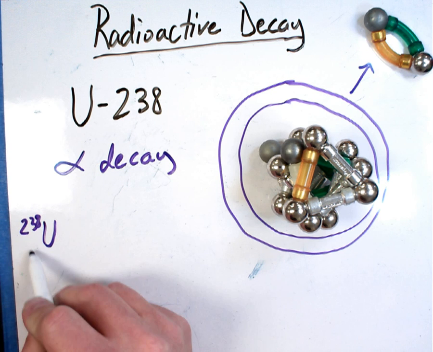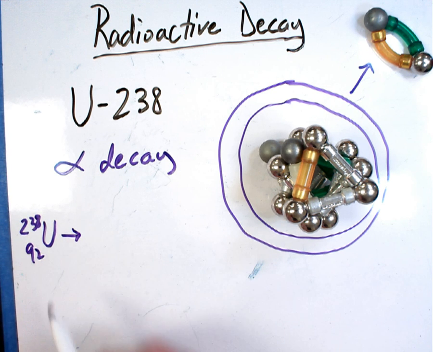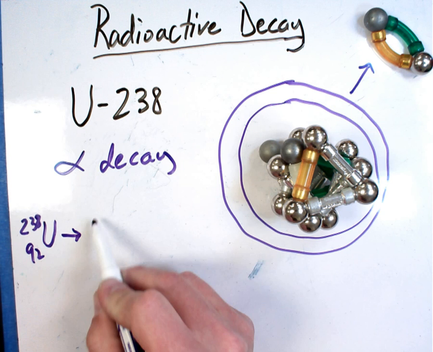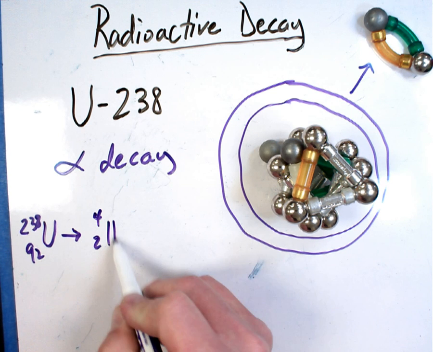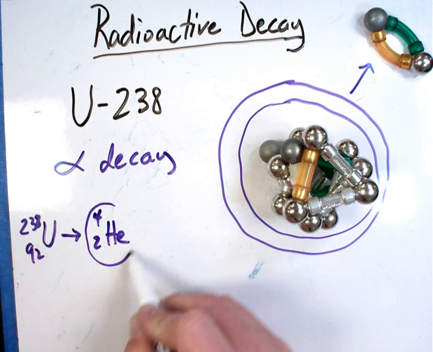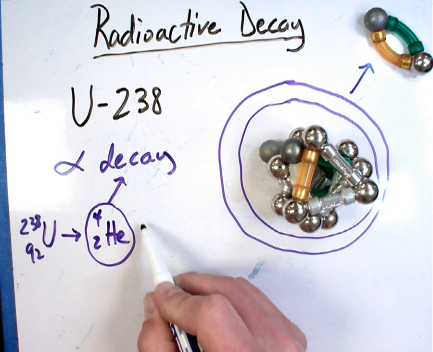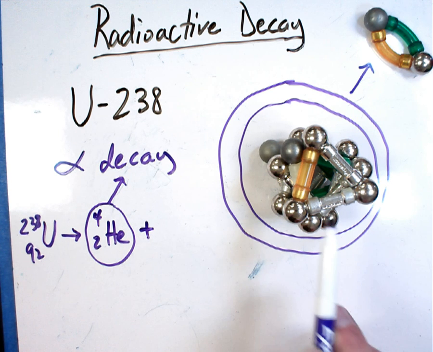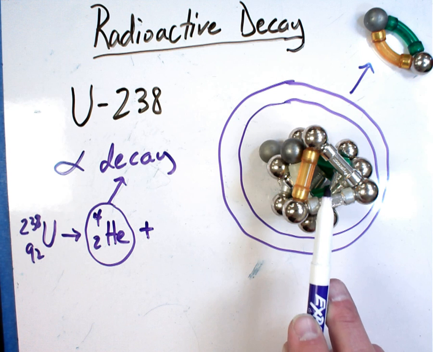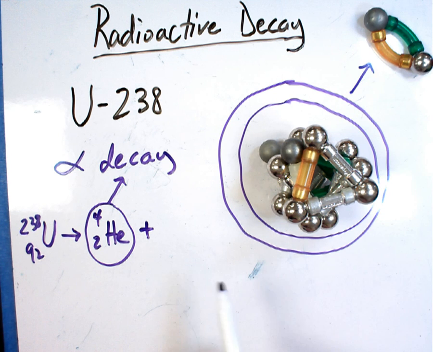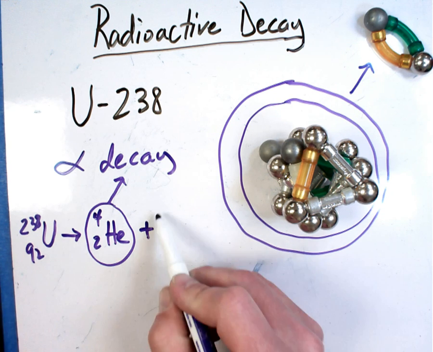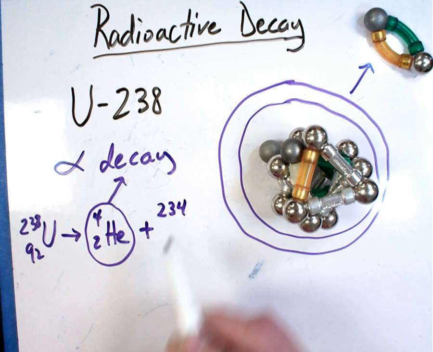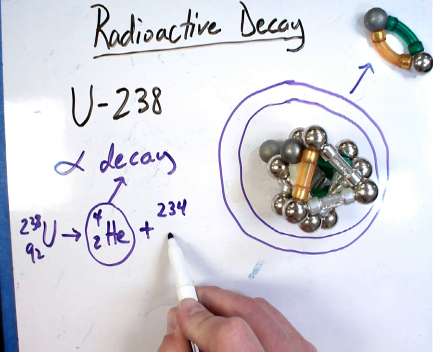U238, 92, and the math works like this. I just had a 4-2 helium, I'll just draw it like this so we understand. It flies off. Now, do I still have 238 parts in there? No. Part of it's gone. So if I do simple math, 238, I lost 4, that's a 234. And 92 minus 2 is 90.